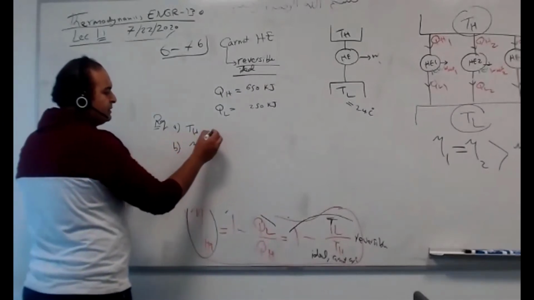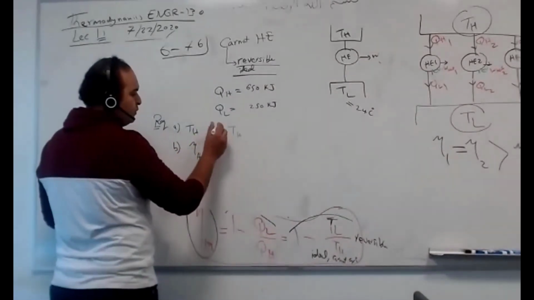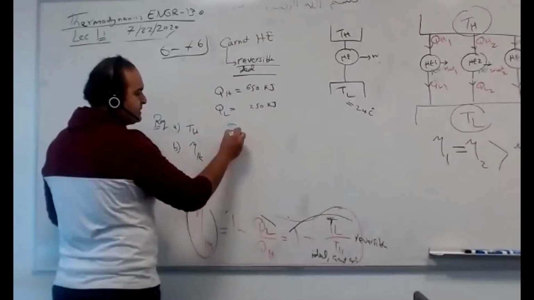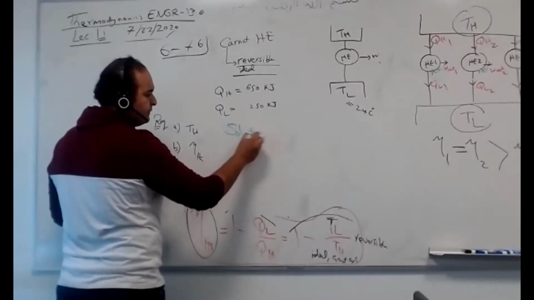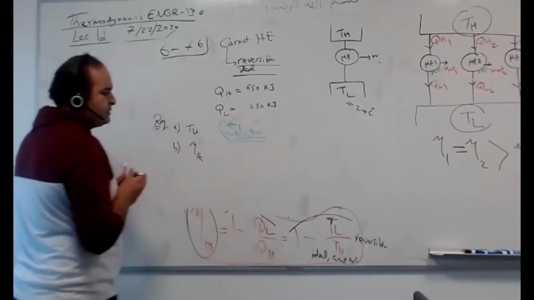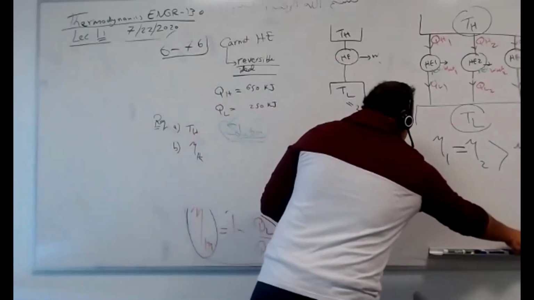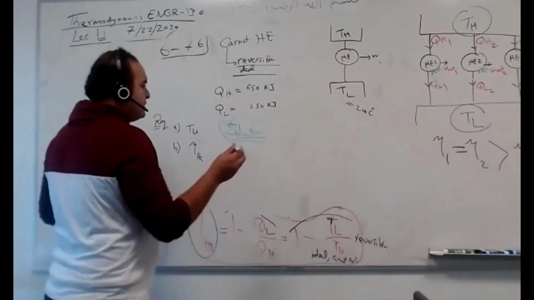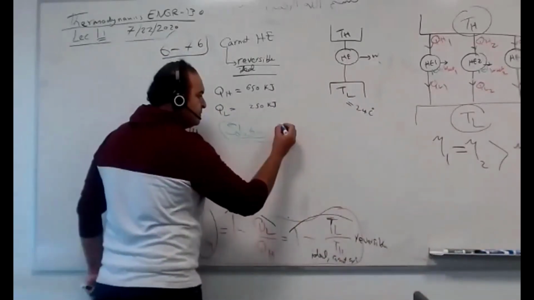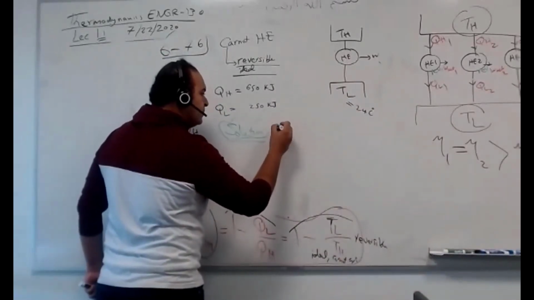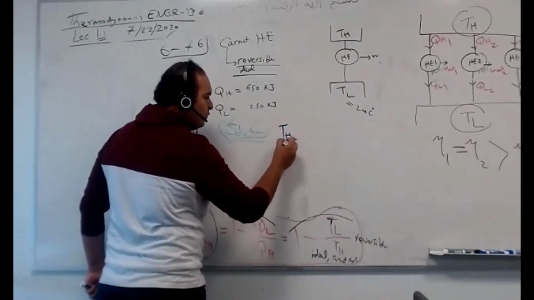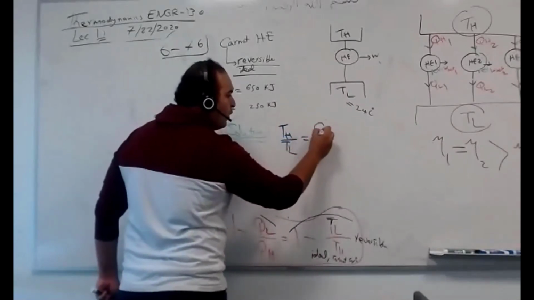So T high equals what? This solution. Guys, can you see the green or I can use another color? I can kind of see it. Okay, this is better, I think. T high over T low equals Q high over Q low.